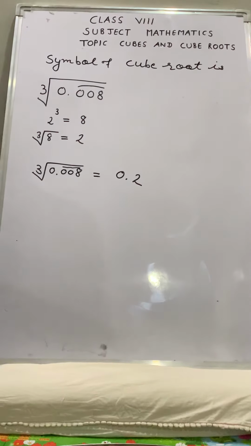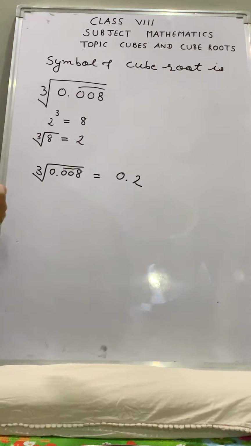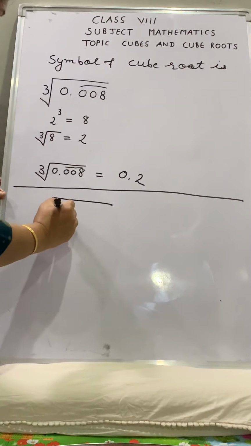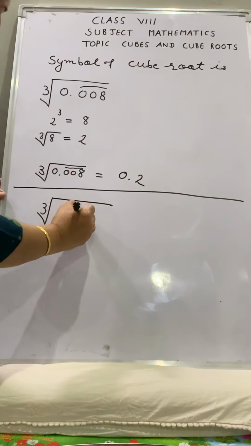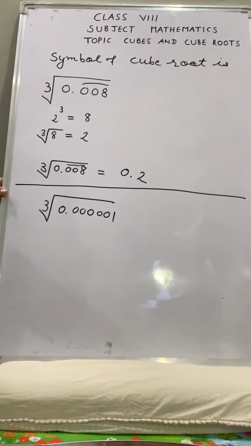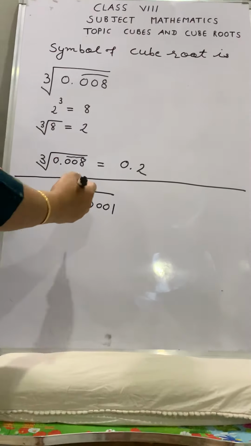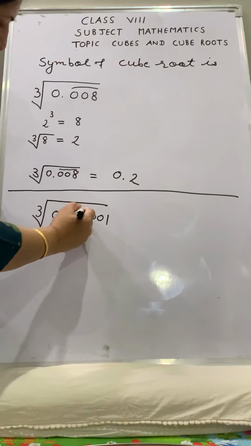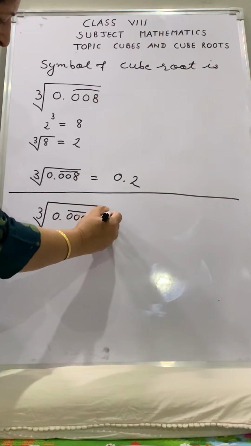Another example. Suppose you have to find the cube root of 0.0000001. First of all, you have to make the periods. In the decimal part there is a first period and a second period.